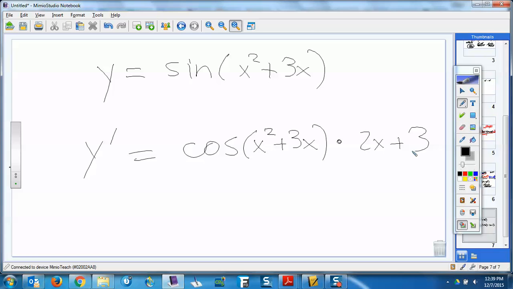What's missing? Those parentheses, right? That's going to be wrong. So when we talk about simplifying and algebra, parentheses, stuff like that, there you go. That's the answer right there. So be careful.